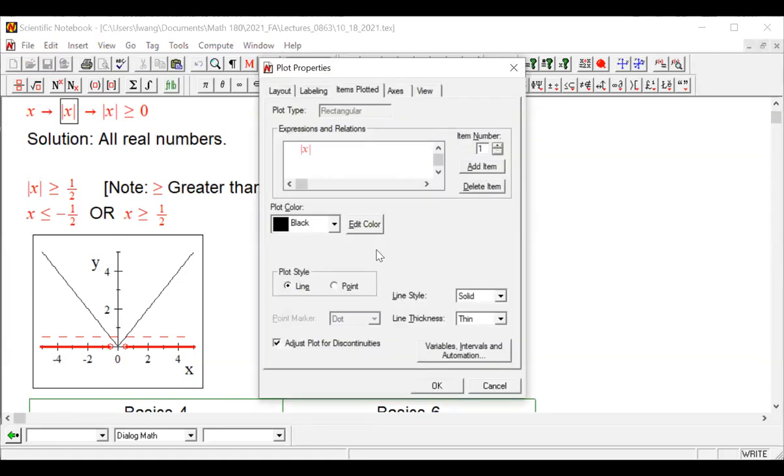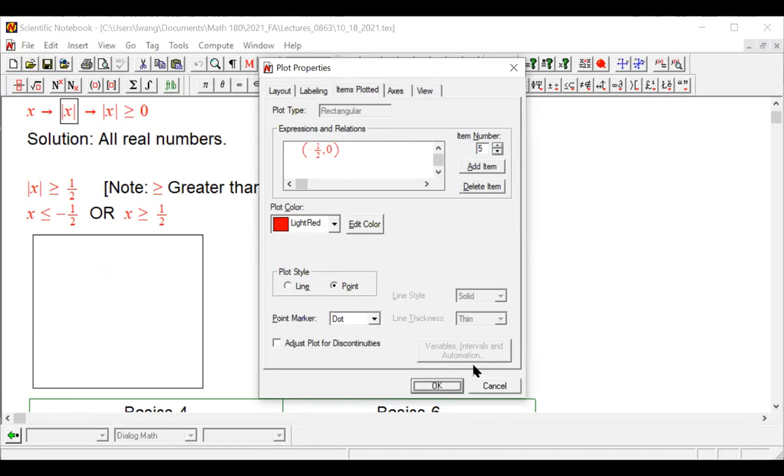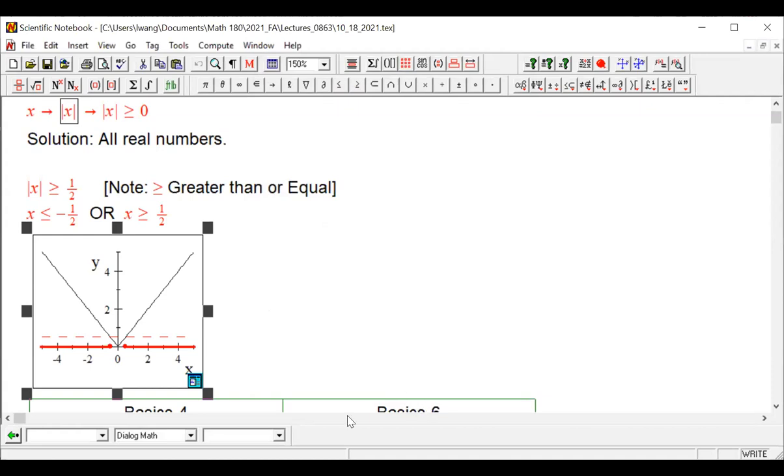The circle becomes dots. Dot. Do you follow me? So if you combine these cases for basic 4 and basic 6, it's just this case.